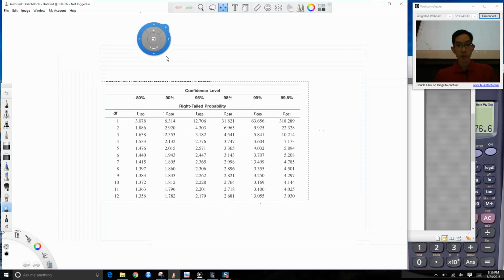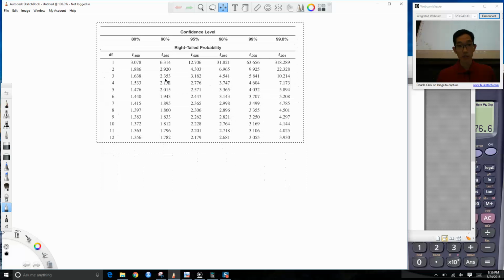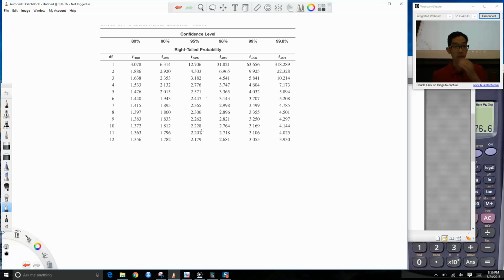So the way it works is you've got your test statistic. Let's say in step 3b you get your test statistic t equal to 2.41.